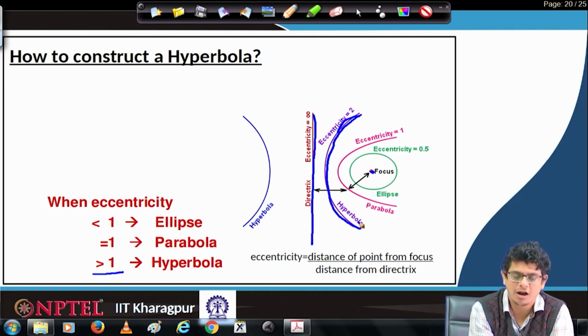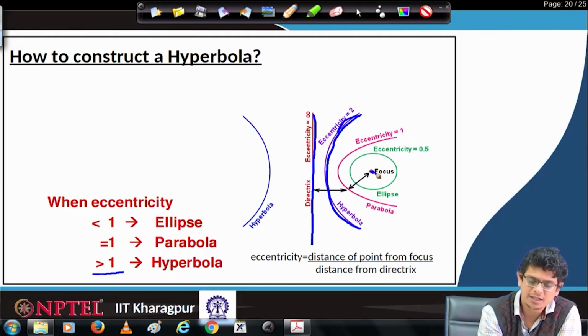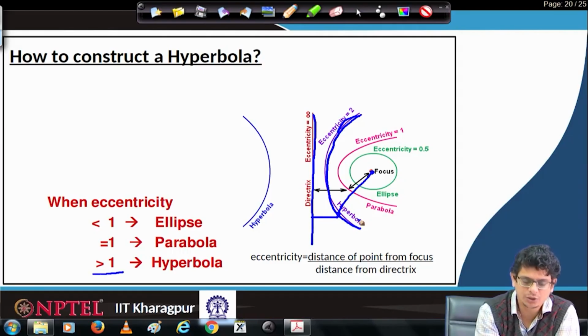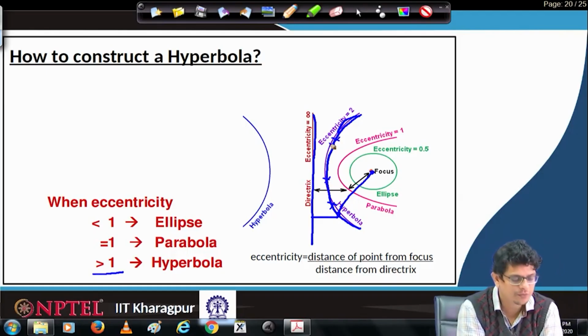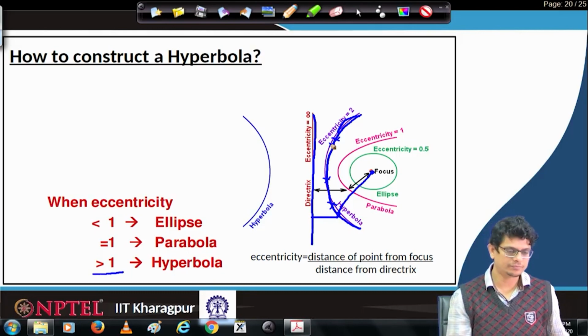The basic definition is: if we measure from the focus to any point on the hyperbola, that distance to the distance of that point from the directrix is always equal to the same number. For example, if eccentricity is 2, let us pick this point P. The ratio of the distance from the focus to that point and from there to the directrix is 2, whether at this point or any point. Using this principle, we are going to construct a hyperbola.